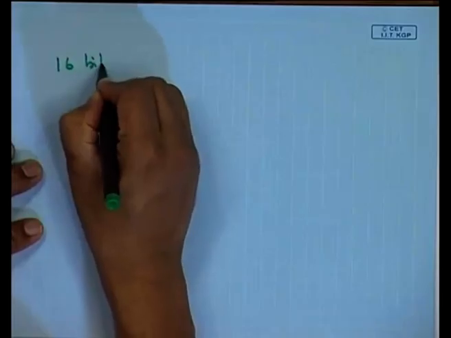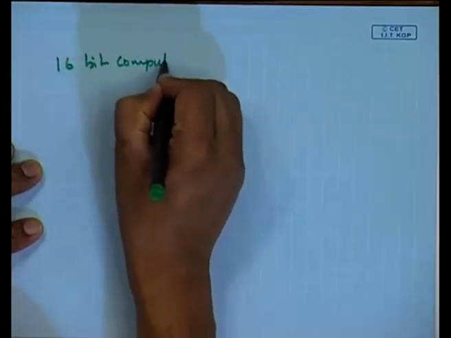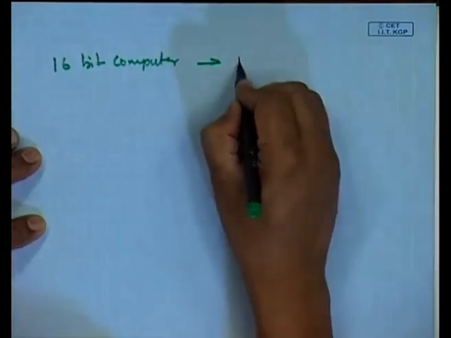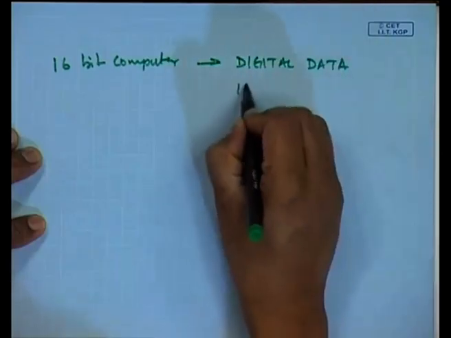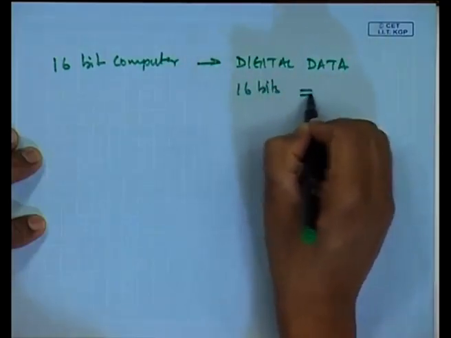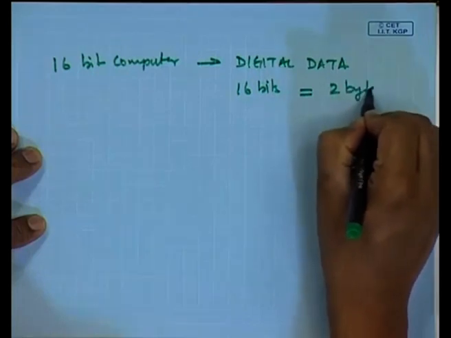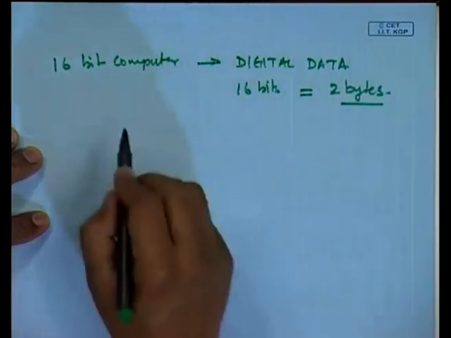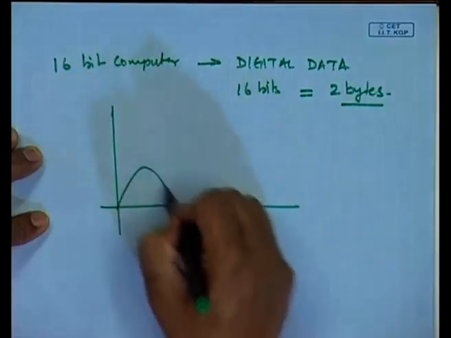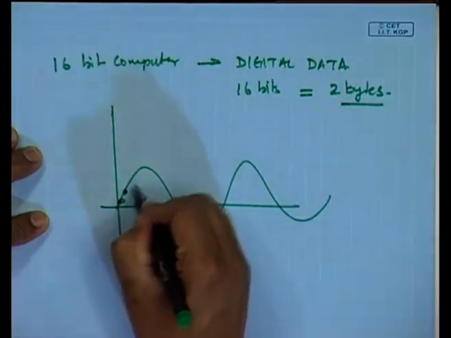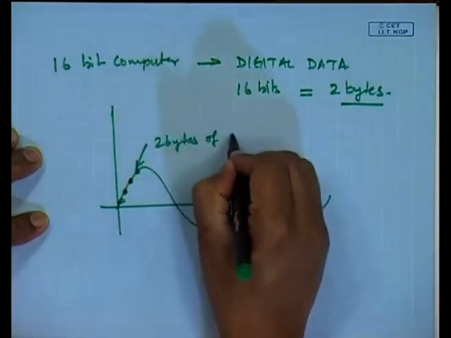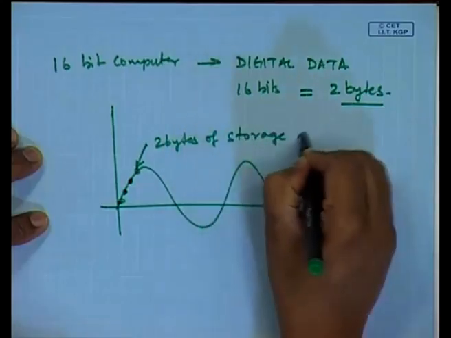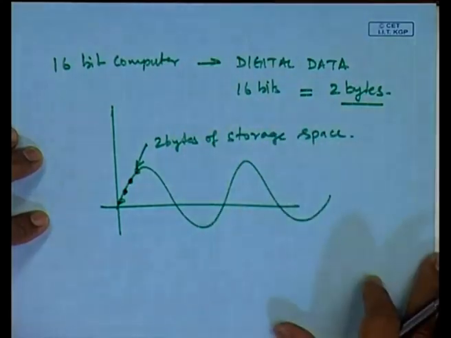For example, if I have a 16-bit computer, that means every digital data which is obtained from the sampling process is of 16 bits, that is 2 bytes. So, every data point requires 2 bytes of storage space. Okay.